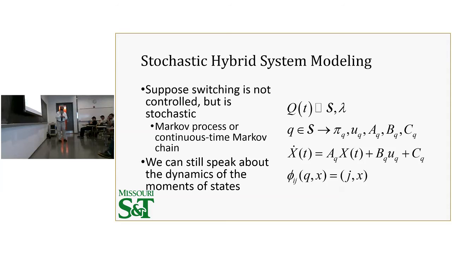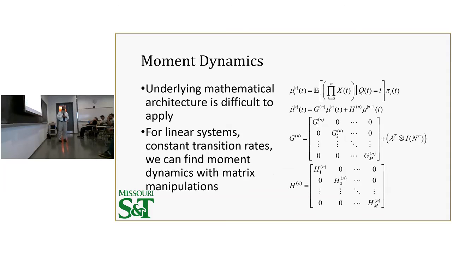And we look at the dynamics of the moments of the states. And I guess the main contribution we've made is getting everything nice and matrified. So if we limit ourselves to talking about these switched linear systems, we can algorithmically put things into matrix form.